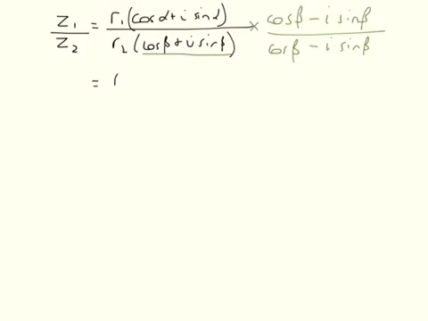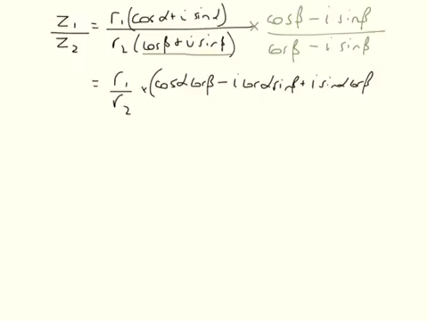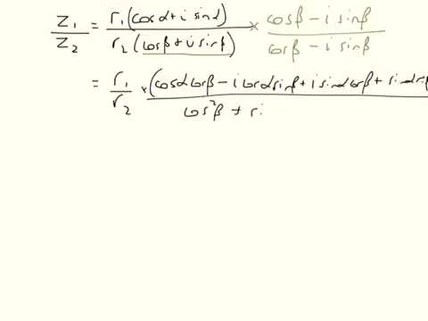Then with my r's, the R1 on R2 just stays there. Then if I expand the top one, the first two, the outer two, the inner two, and then minus i squared is plus sine alpha sine beta all over. When I expand that one, difference of two squares, cos squared beta plus sine squared beta.